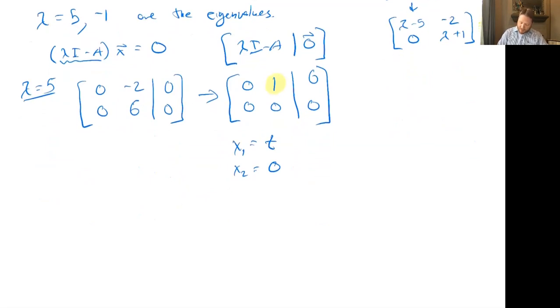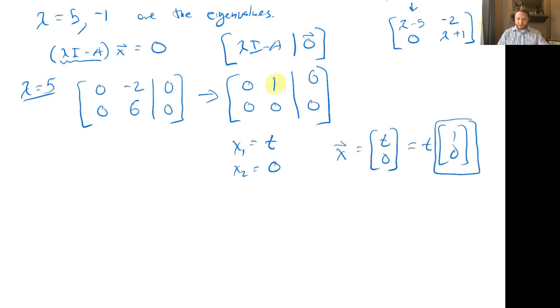And so that means that the eigenvector, in this case, is x equals t, 0, okay? Now, I just need to find a single one. There's a couple ways to think about this. I could just factor out the t, and when I do, I'm left with a vector, and this vector right here actually is the basis vector. Or you can just pick your favorite t. So pick t equals 1, and there you go, you have an eigenvector.